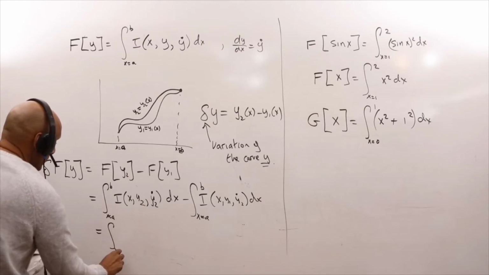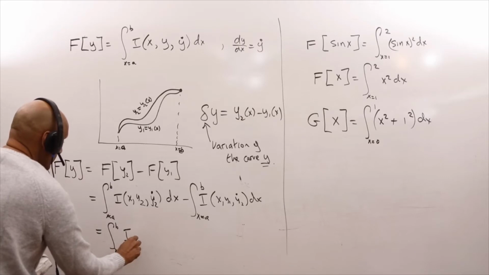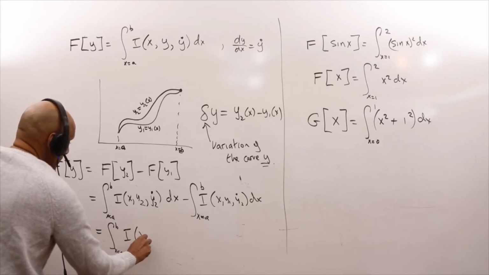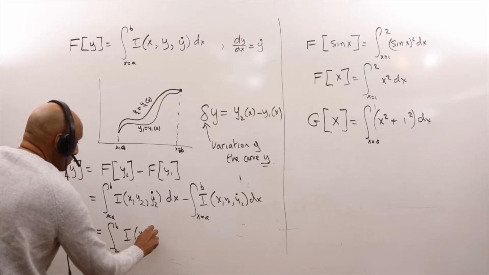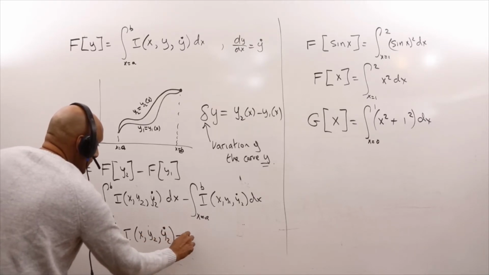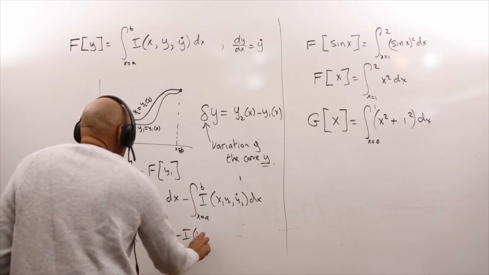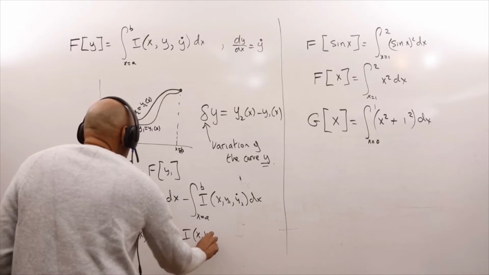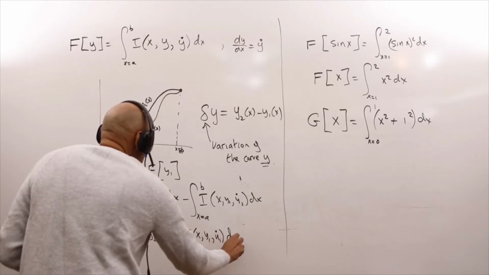So this is now x equals a to b of the difference between two different functions: the integrand at x, y2, y2 dot, minus the integrand of x, y1, y1 dot, dx.